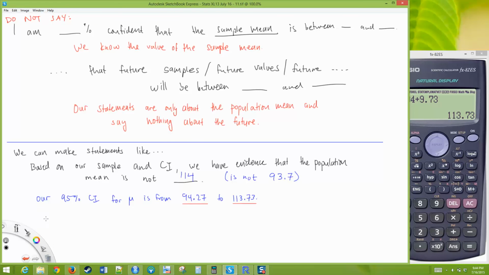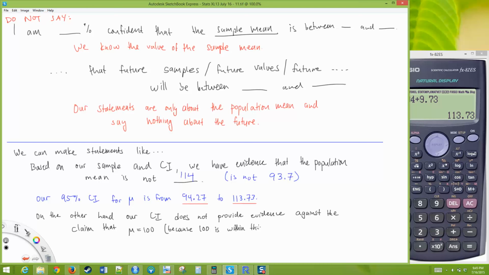On the other hand, our confidence interval does not provide evidence against the claim that mu equals 100, because 100 is within the interval.